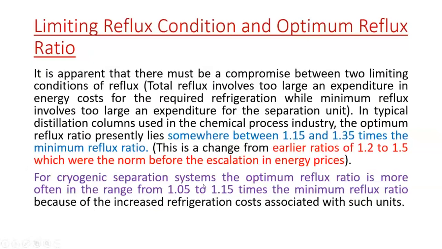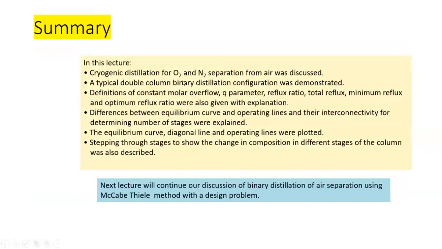For cryogenic separation systems, the optimum reflux ratio is more often in the range of 1.05 to 1.15 times the minimum reflux ratio because of the increased refrigeration cost associated with such conditions. So now in summary, let us repeat what we have discussed in this lecture.